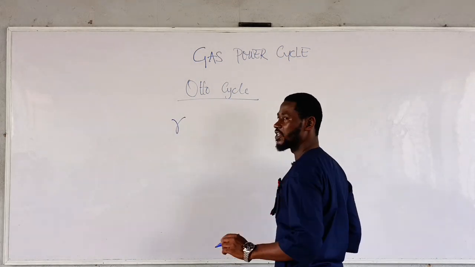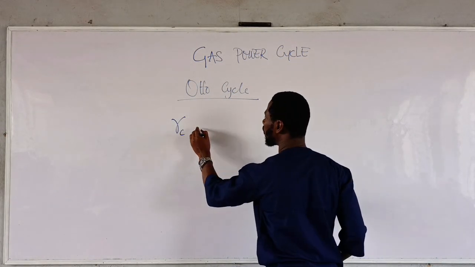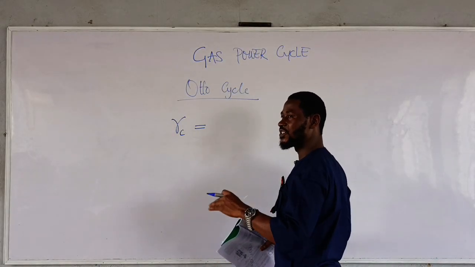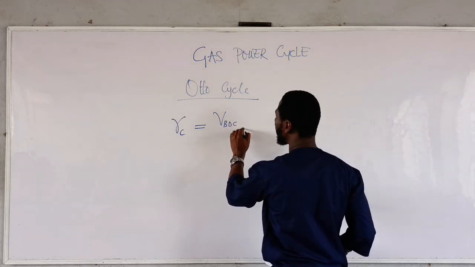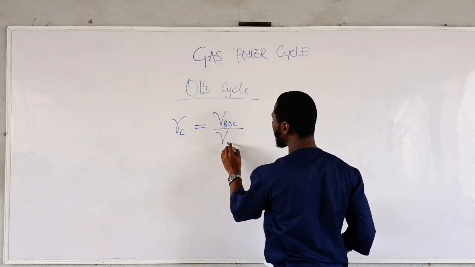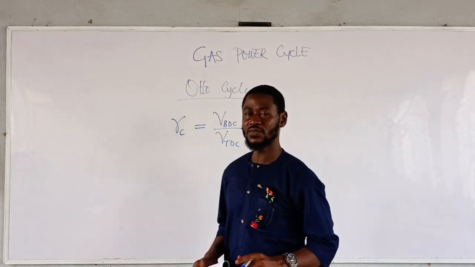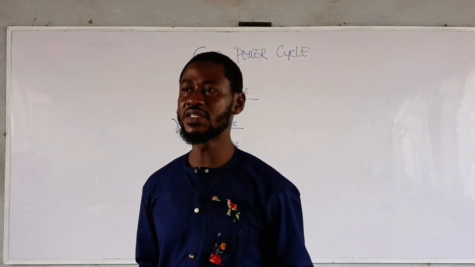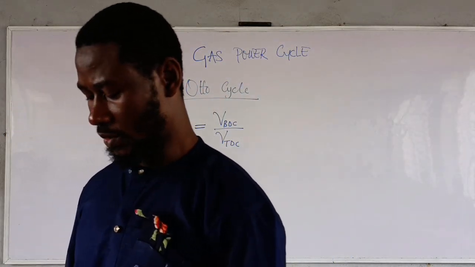R is denoted as the compression ratio, defined as the ratio of the volume at the BDC divided by the volume at the TDC. And don't forget from what I just said earlier that the distance that lies between BDC and TDC is known as the swept volume.